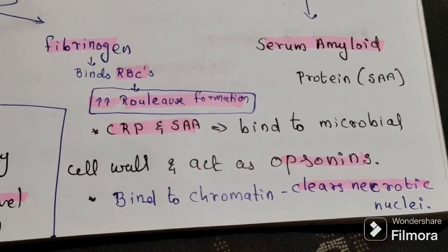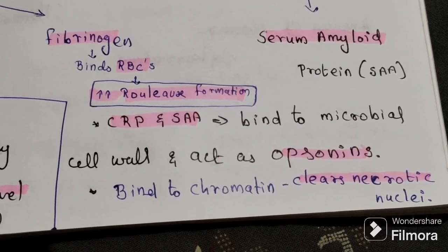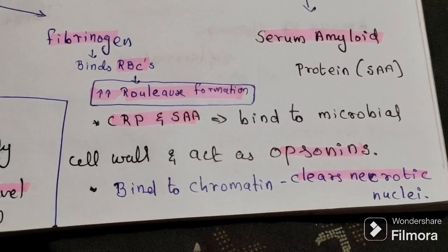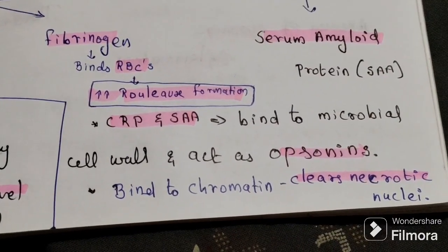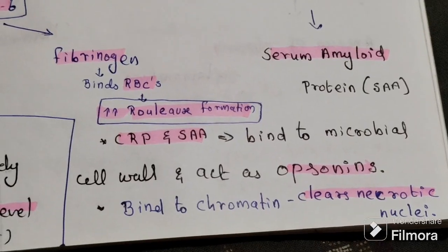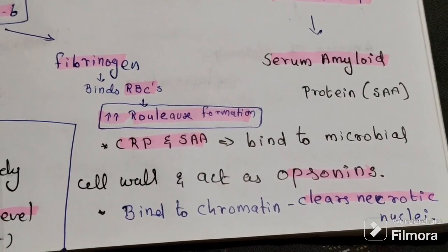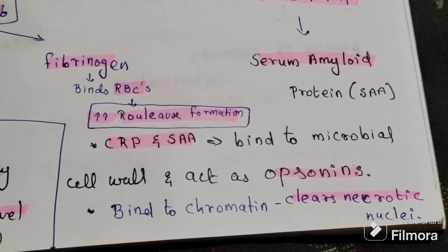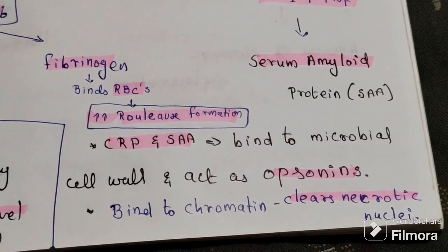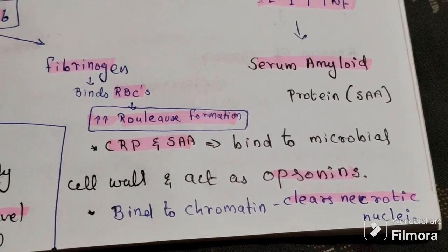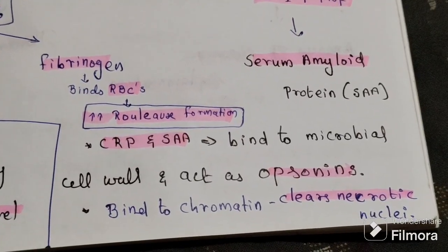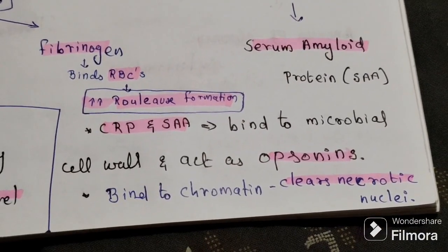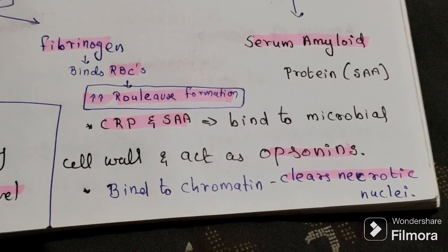These proteins go and bind on the microbial cell wall and help the phagocytes, the macrophages, to identify these microbial cells, and so help in phagocytosis.